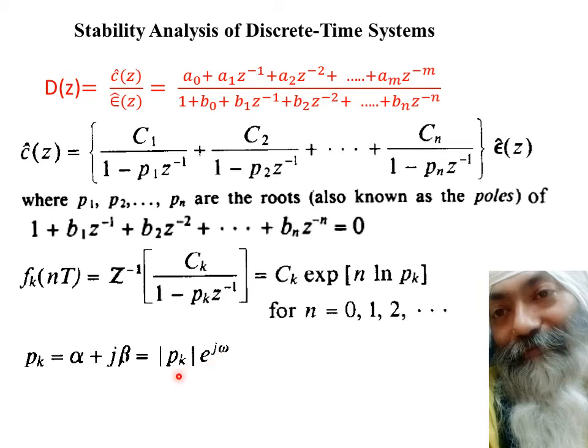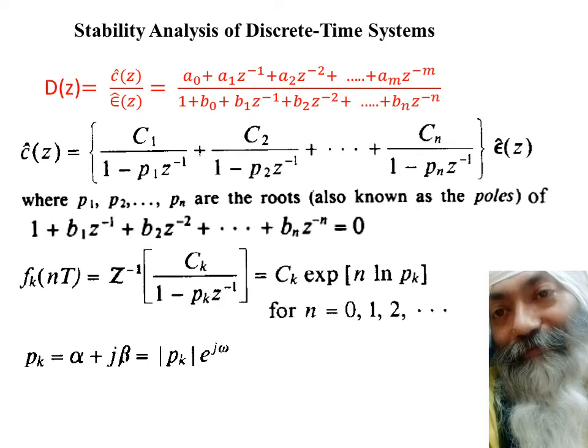We shall be finding what pk in modulus is and what omega is in terms of the angle, using tan inverse. Ultimately our idea is to explore this value, ck exponential n times log natural of pk. This is what we get in the form of the inverse z transform to get the output in the time domain, as a function of all the n different samples available to us in the signal.